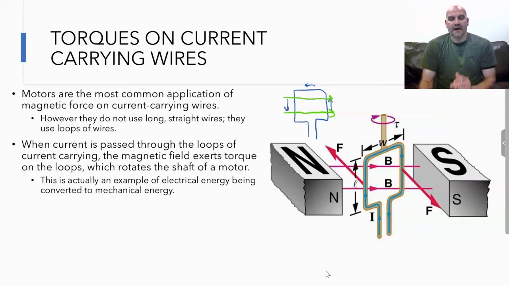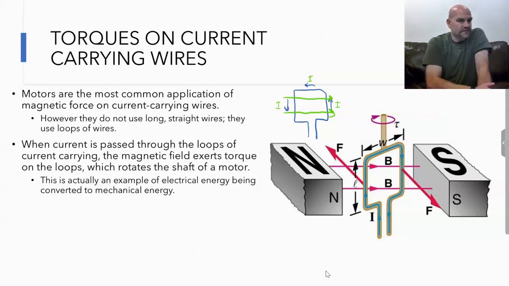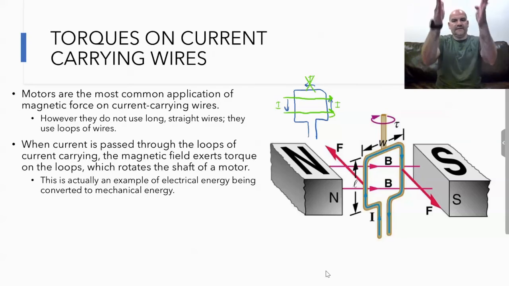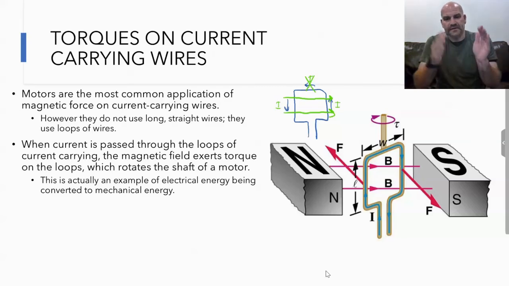Because we have a current carrying wire, which is our arrows here, in a magnetic field, it's going to experience forces. One thing to note is that there is no force at the top, because the current and the magnetic field are essentially parallel to each other. All of the force and torques are going to be, in this case, in the vertical pieces.